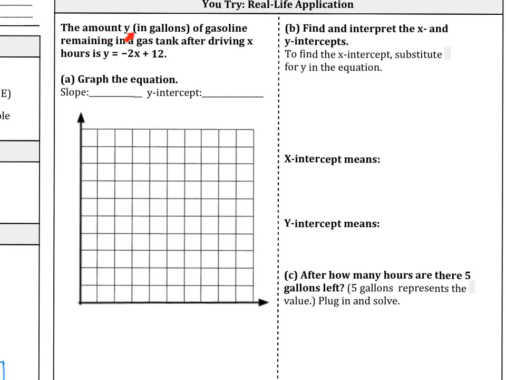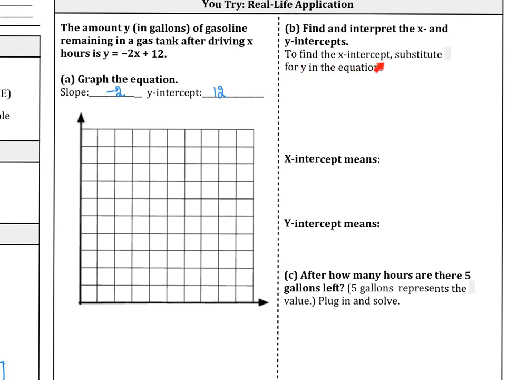The amount y, in gallons, of gasoline remaining in a gas tank after driving x hours is given by y equals negative 2x plus 12. Graph the equation, where the slope is negative 2 and the y-intercept is 12. Find and interpret the x- and y-intercept.